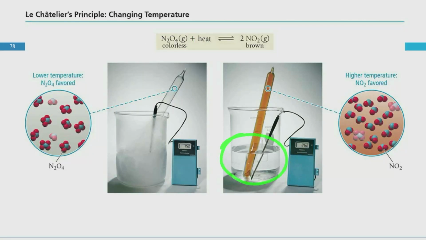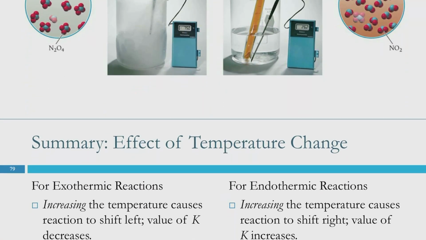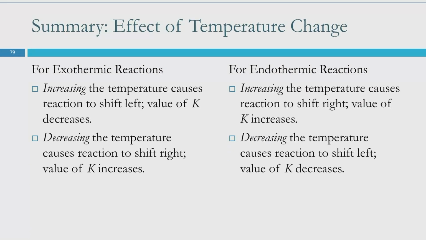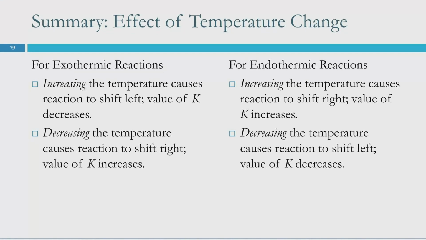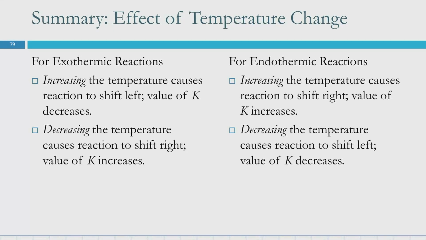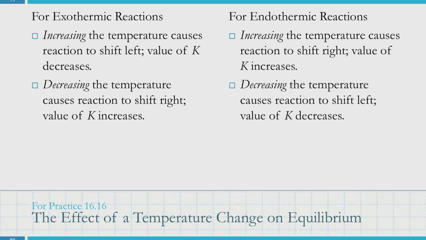If it's a little bit warmer, kind of at room temperature, 26 degrees Celsius, then we're going to favor the side that's away from the heat. So there's our summary of how temperature affects exothermic and endothermic reactions.